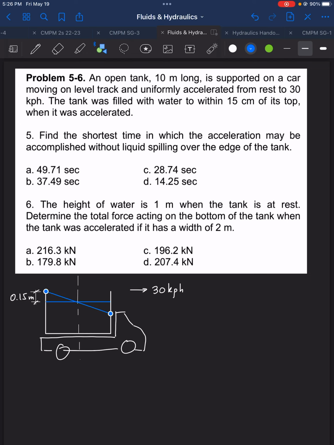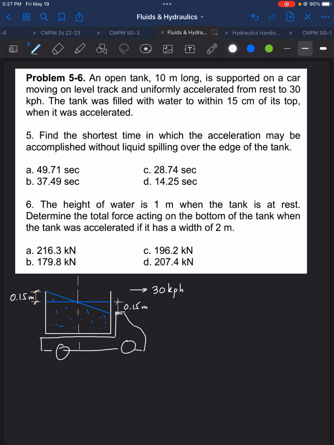So that becomes the new elevation of the water. So this becomes 0.15 meter. The same is true here. What is the rise of water here becomes the fall at this side, at the front. So that becomes the new height of the water.